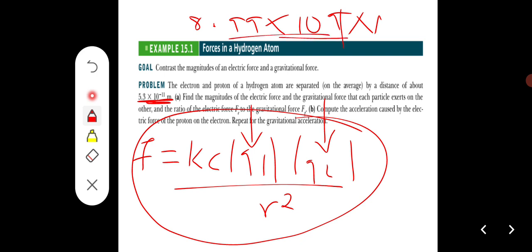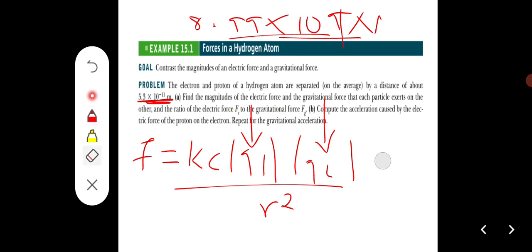If you plug in everything here, I'm not going to solve this question because my time is almost finished, but I'll try my best to show you how to solve it. So when you do it like this, you basically solve for the electric force.